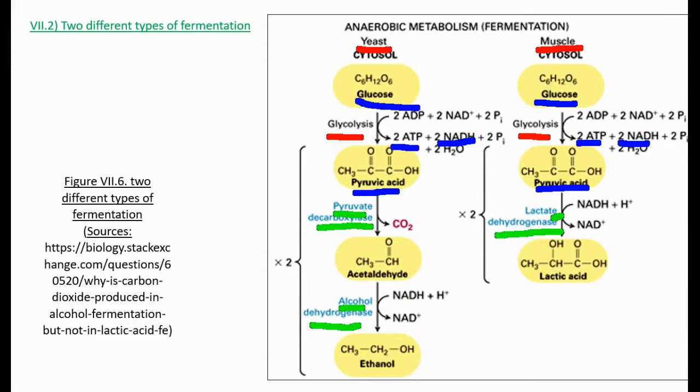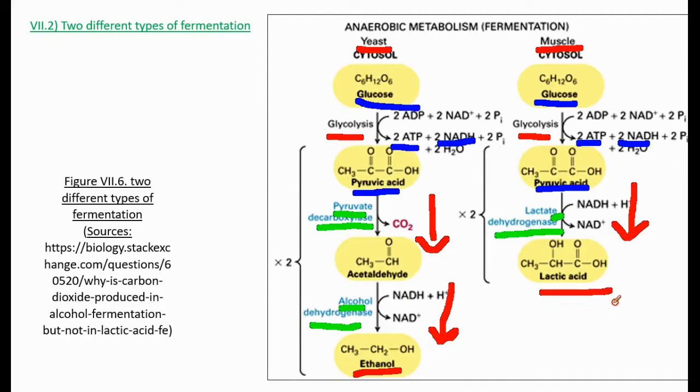In the first case, the pyruvic acid will be transformed into acetaldehyde, and this acetaldehyde will then be transformed into ethanol. So this first one is alcoholic fermentation, where ethanol is produced. And the second one, pyruvic acid, will be transformed into lactic acid.